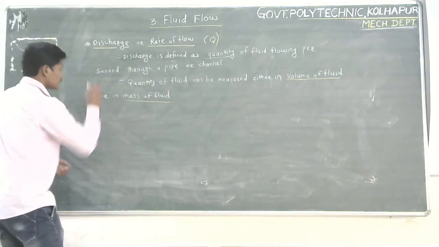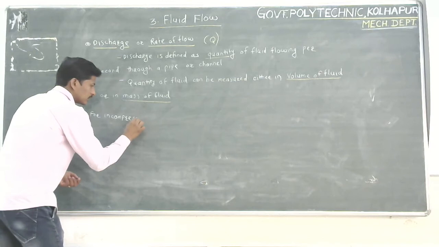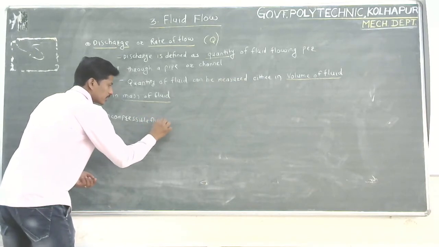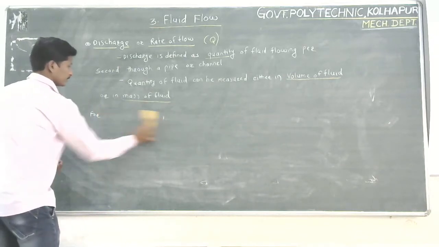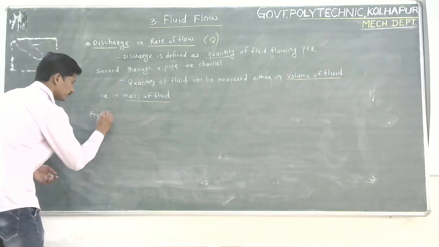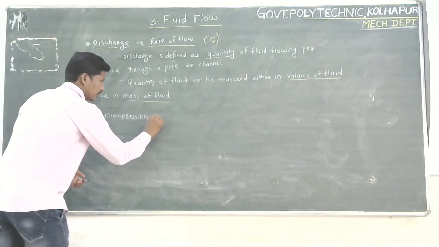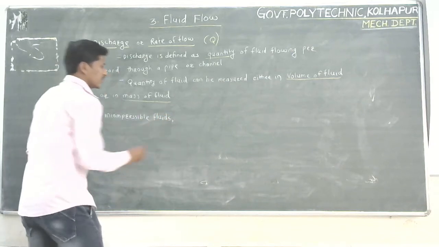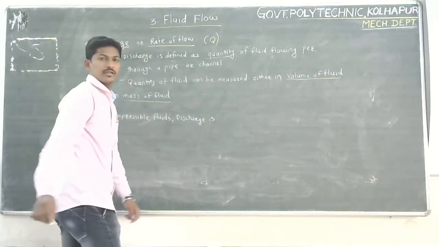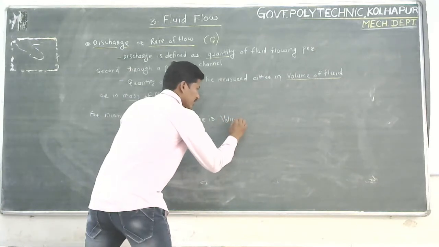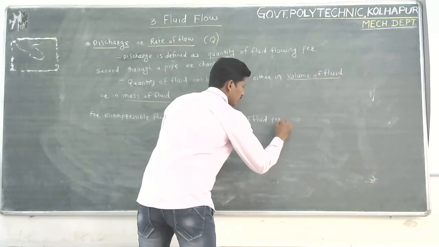So for incompressible fluids, discharge is measured as volume of fluid per second.